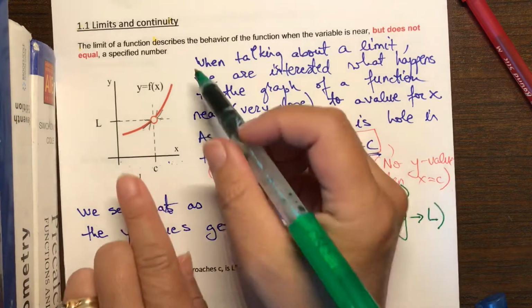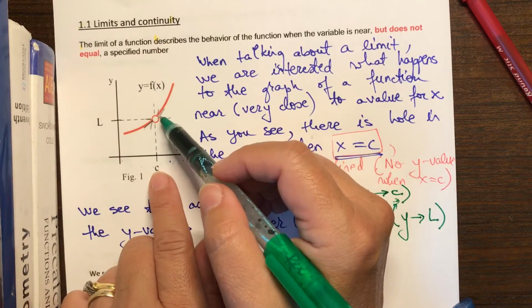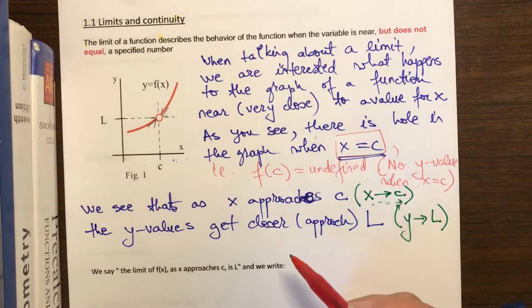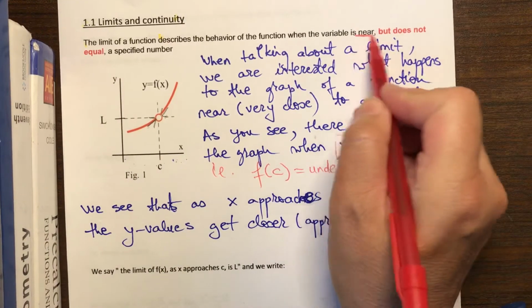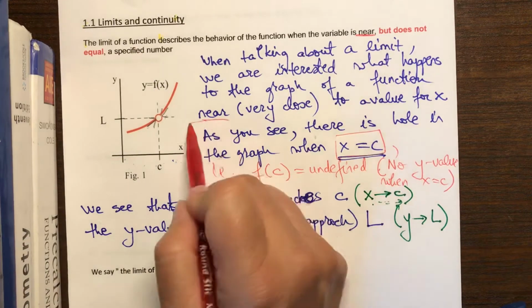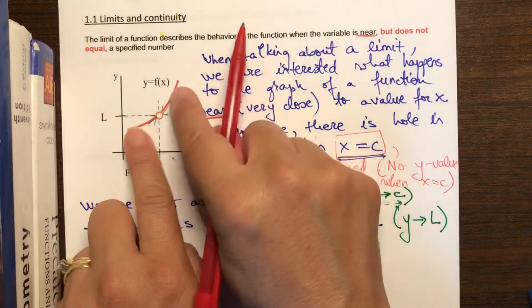We're looking at what happens near an x value, near, but does not equal to. So what happens near this value c?